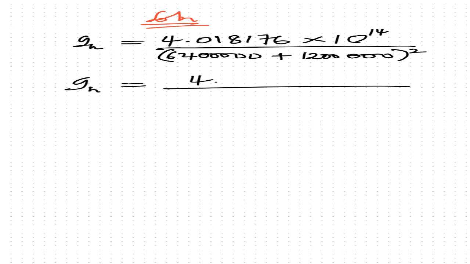So we get 4.018176 times 10 exponent 14. Let's try and enter everything in the denominator.